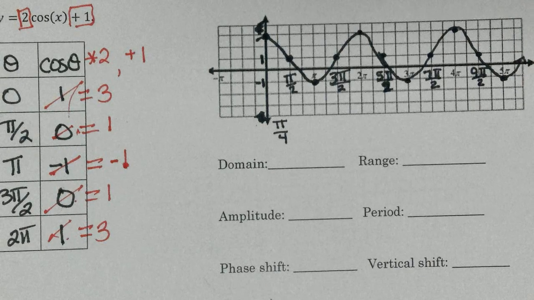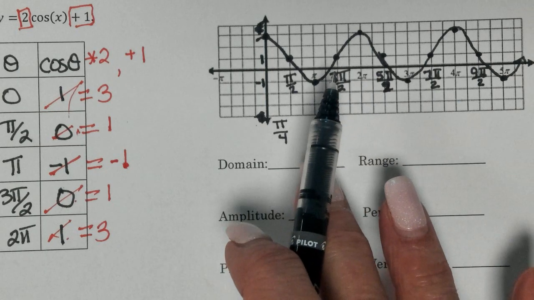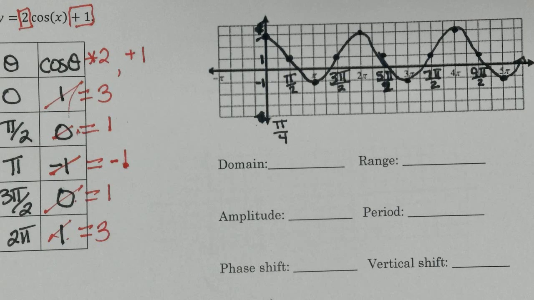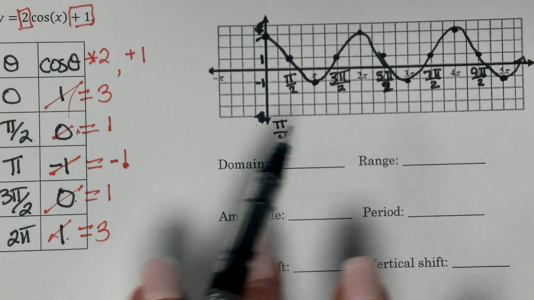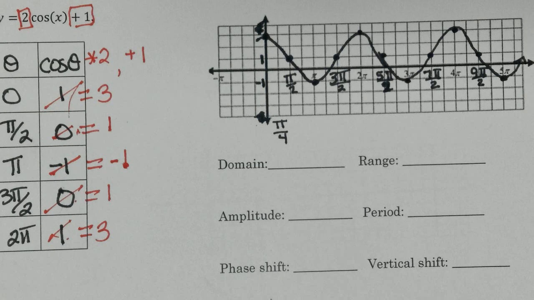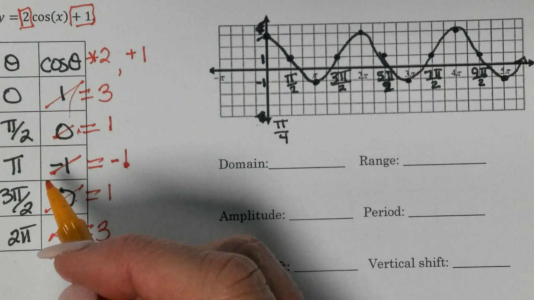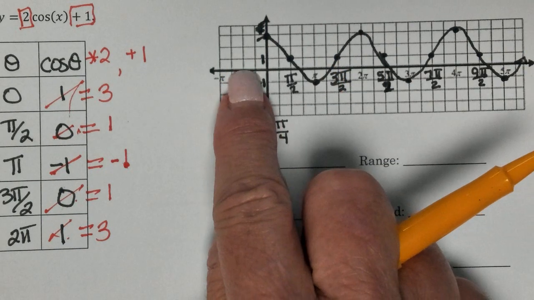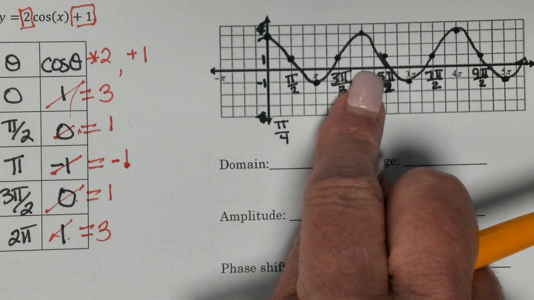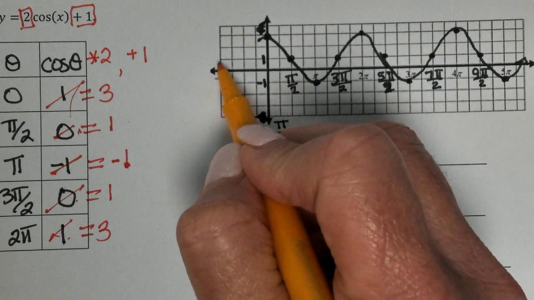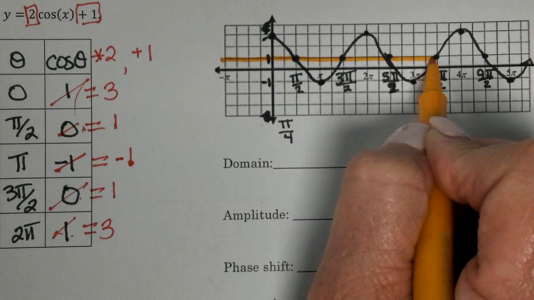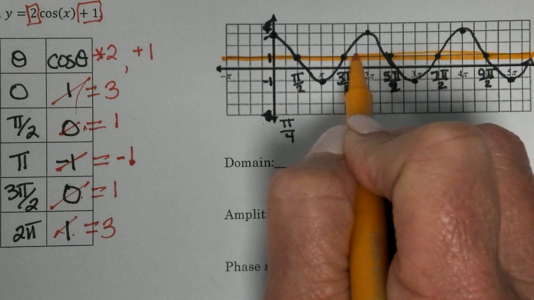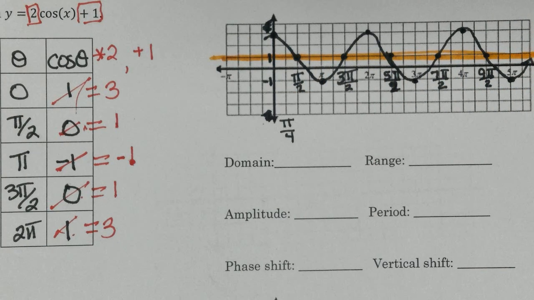All right, once we've got everything plotted, what we want to do is determine what's changed with this graph. So we're going to identify some key features here. The first thing I want you to do is draw a horizontal line through the very center of this graph. It would no longer be the x-axis, which is what it normally was. Instead, it would be right here, where y is equal to 1.